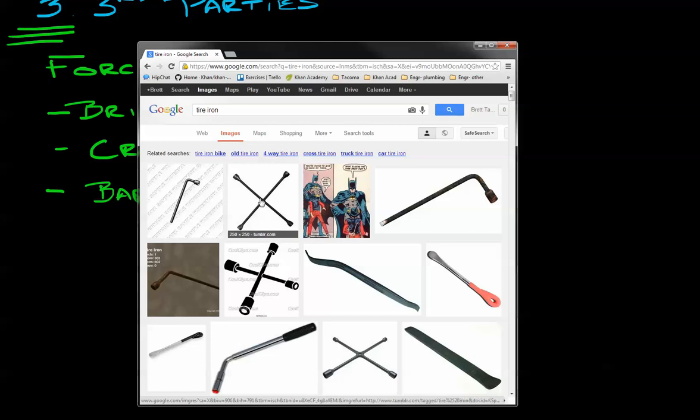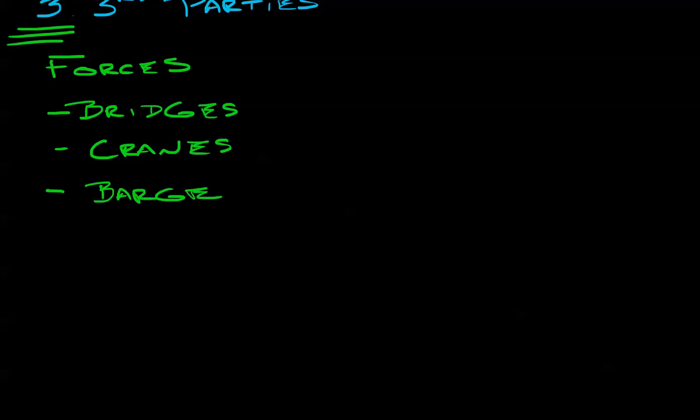Why is it that when you use this one, it seems to do a really good job at twisting on the bolt, but when you use this one, it seems a lot easier for it to twist off the bolt? I'm not sure if you've ever noticed that, but why is that? This is something that statics will answer. There's a very clear reason why that happens. We'll take a look at it.